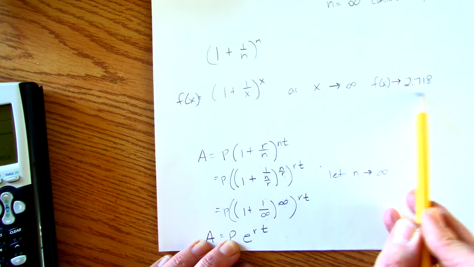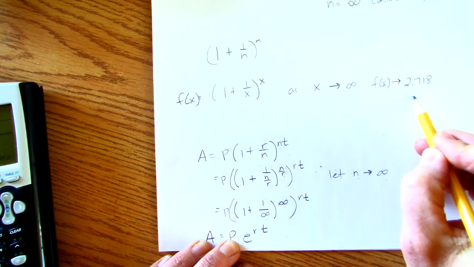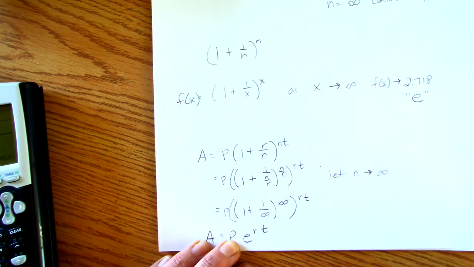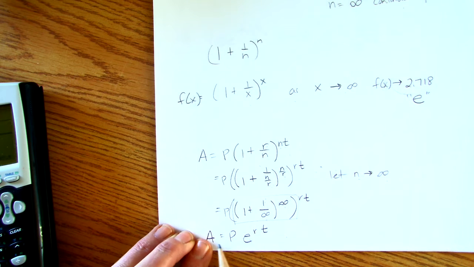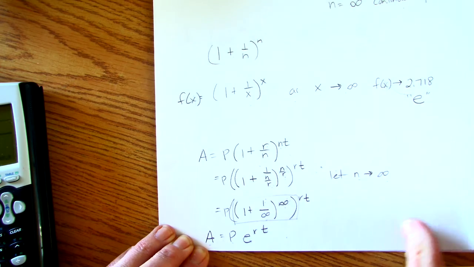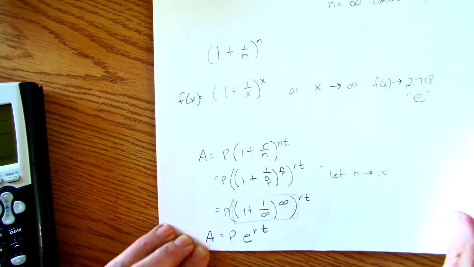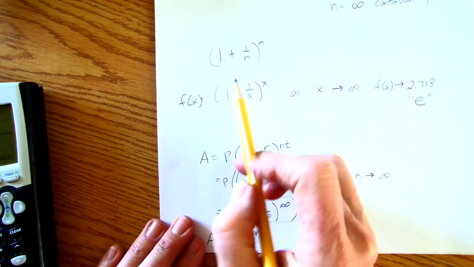And we realize that that number is just 2.718, or e. So instead of this, I can just write e. And then I get the amount that I have at the end is equal to what I started with times e, Euler's number, raised to the rt. So that's where that compounded continuously formula comes from.